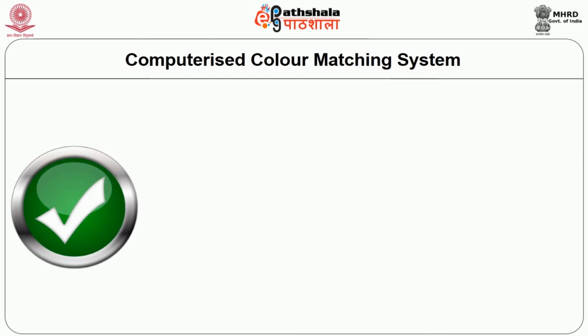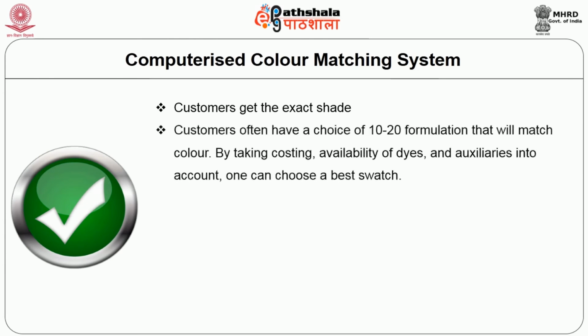The advantages the computer color matching system has in the textile industries are as follows. The customer gets the exact shade, and the customer has the choice of 10 to 12 recipes that will match the color, and also can check the cost and the availability of dyes and the auxiliaries.